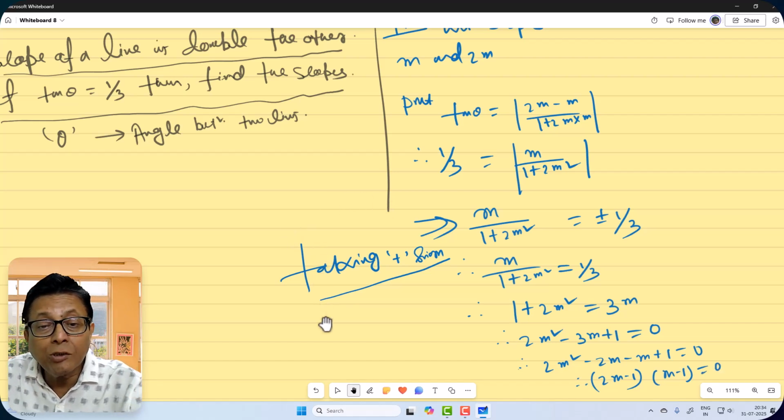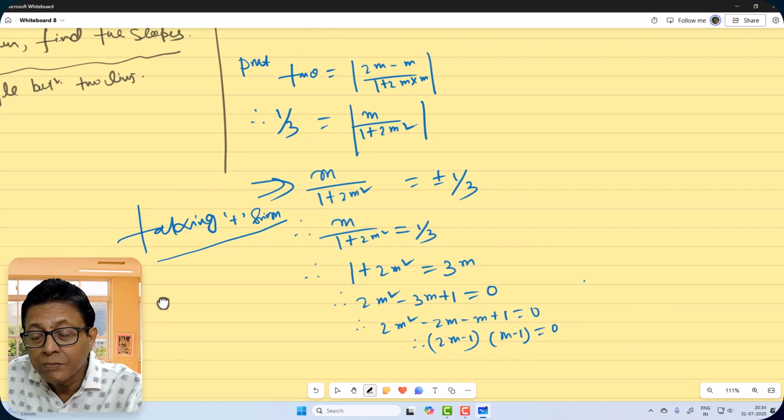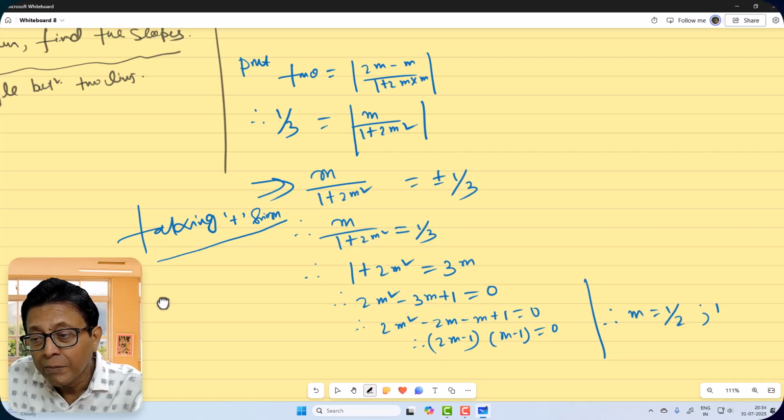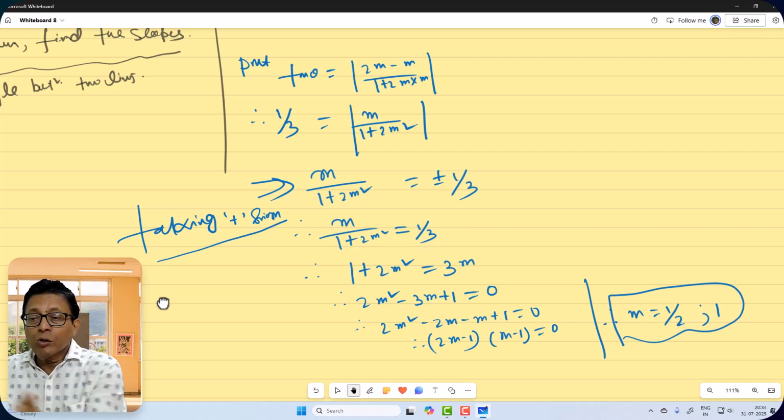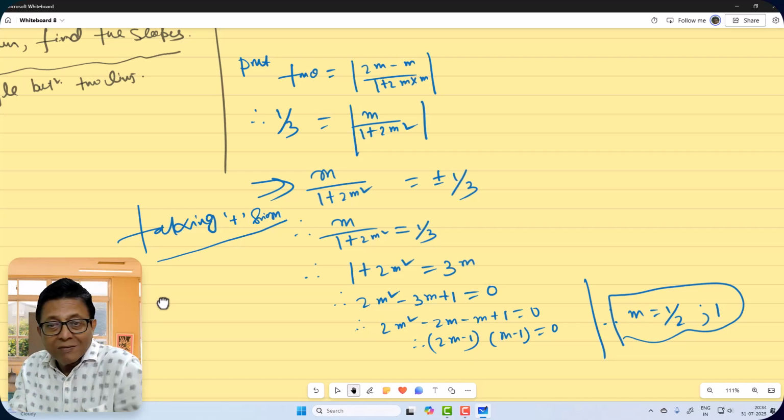So we are getting two values of M here. Therefore, M is half and 1. Here one slope is double the other, isn't it?